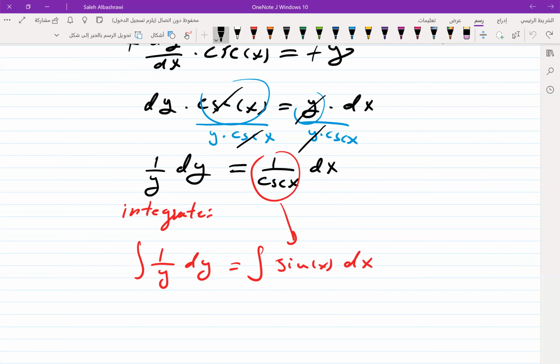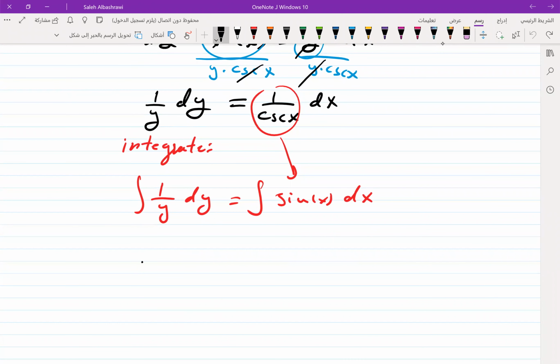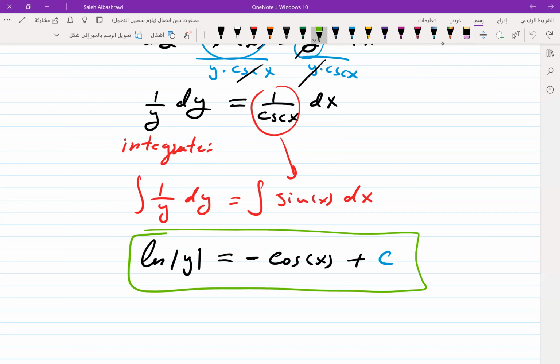Now the integration of 1 over y equal to ln of absolute value of y, equal to the integration of sine, which is minus cosine of x plus, since this is indefinite, plus the constant c. So the solution is ln of y equal to minus cosine of x plus the constant c. And that will be the solution for this differential equation.